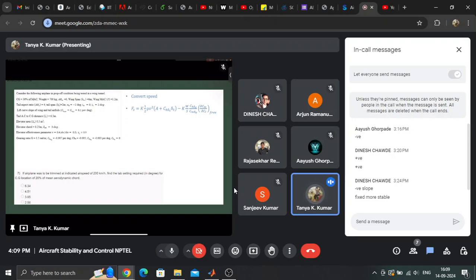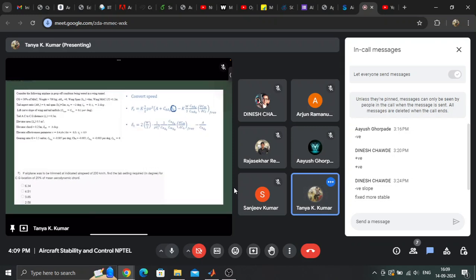Now we need to find the CG location and the tab setting required, but for that we need to use this equation where we need to find this delta T. Now in this equation, look at the unknowns that we have. So what we need to find is delta T. You rearrange the equation to find delta T. So what are the unknowns in that equation?